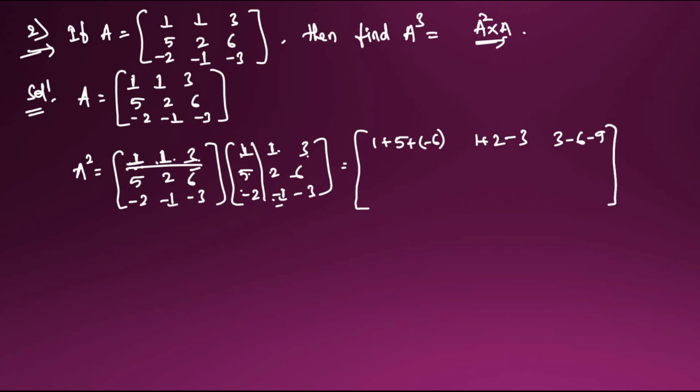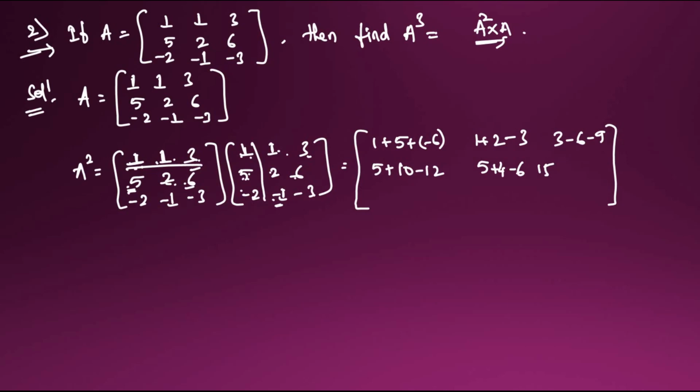So this we got here. And 5 into 1 is 5, plus 2 into 5 is how much, 10. So 6 into 2 is minus 12, and again 5 into 1 is 5 plus 2 into 2 is 4, and again 6 into minus 1 is minus 6, again 5 into 3 is 15 and again 2 into 6 is 12.